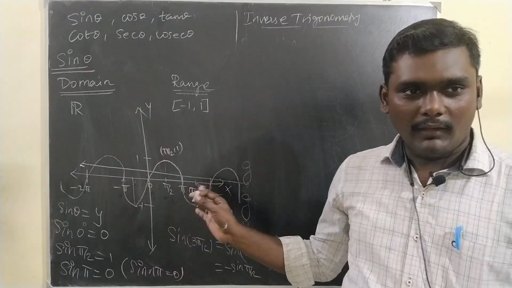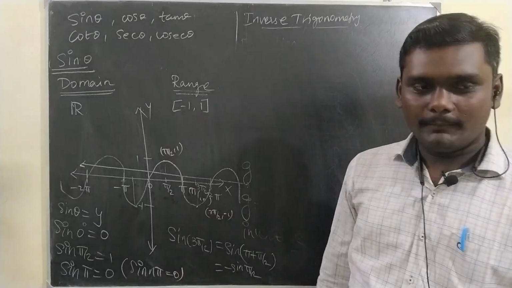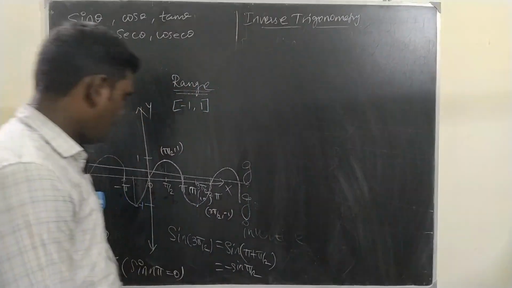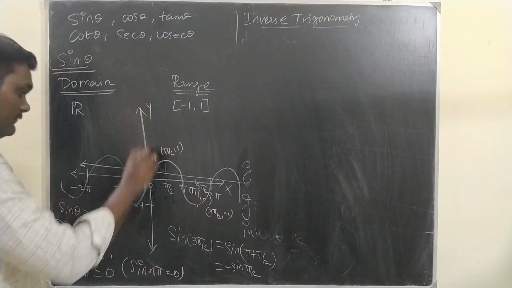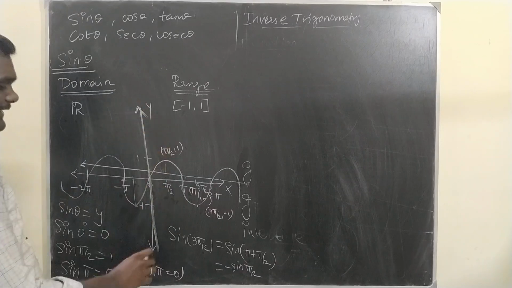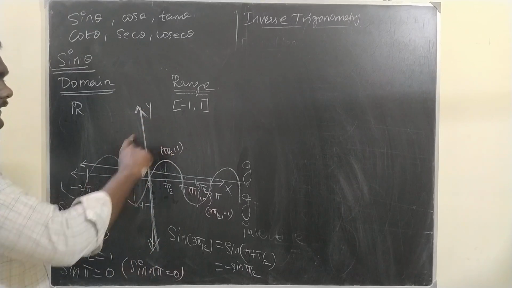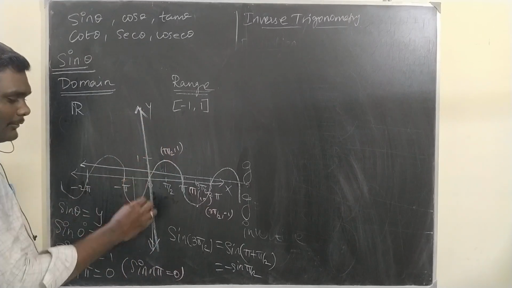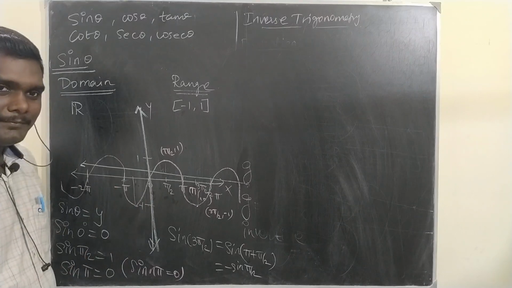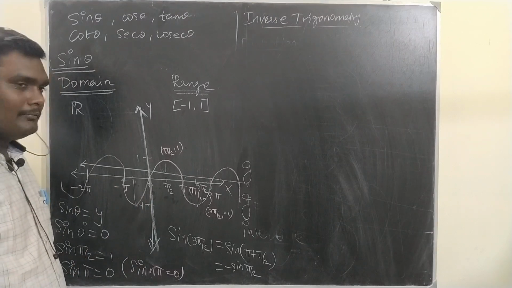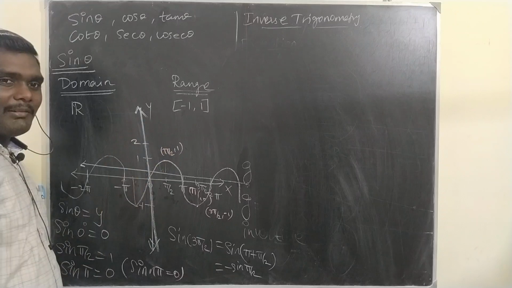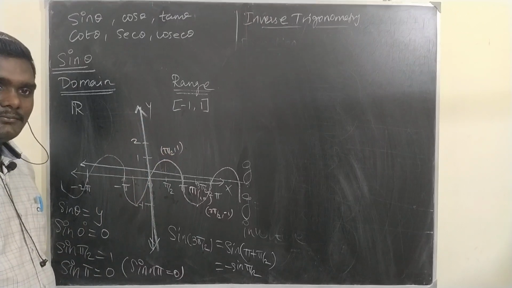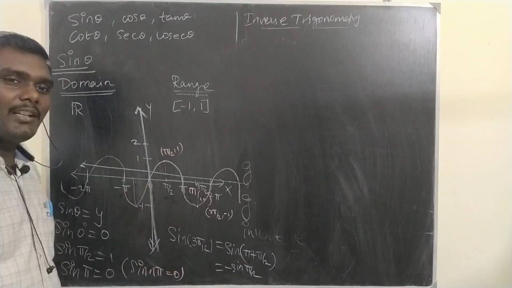Who is the codomain? If the x-axis is the domain, who is the codomain? Y-axis. Here, have all the values been mapped, or only between minus 1 and 1 is mapped? This point 2 does not even have an image. So it is not onto as well.